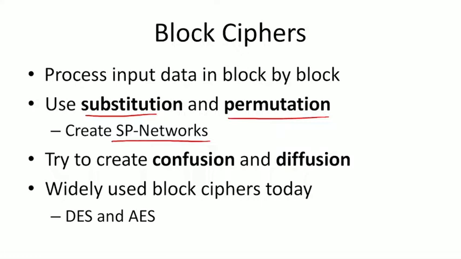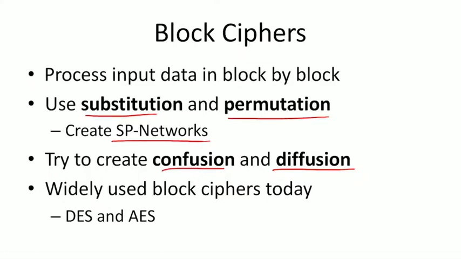The idea here is to add more confusion as well as more diffusion to make cryptanalysis hard. Confusion is mainly added through substitution steps, whereas diffusion is usually added through permutation steps in order to hide patterns.